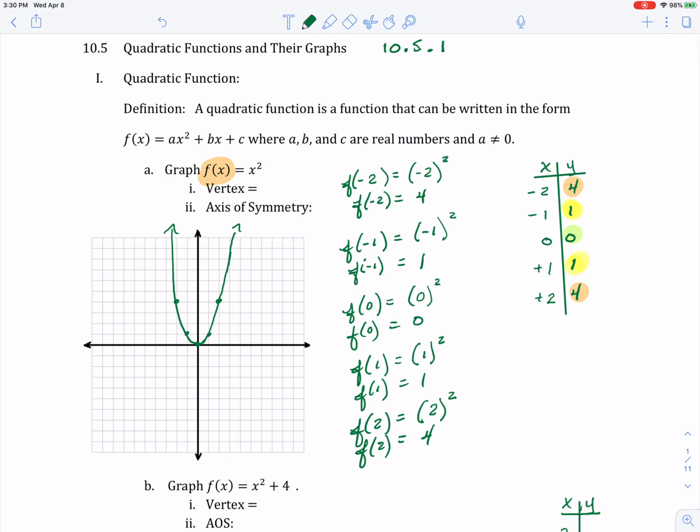There. This parabola opens up. The two ends are pointing up out the top of the graph.